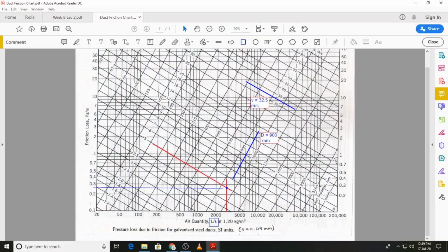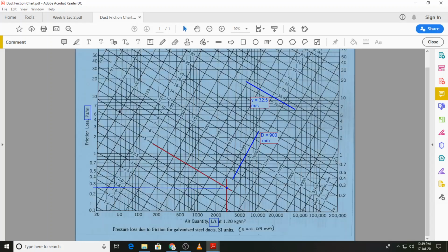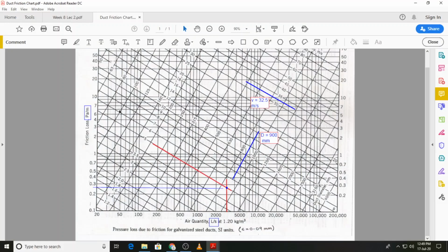So if you are given the volume flow rate in cubic meters per second, make sure you convert it into liters per second. And remember, the pressure drop is given in pascals per meter. So we calculate the total pressure drop by multiplying the value that we read off the chart with the length.